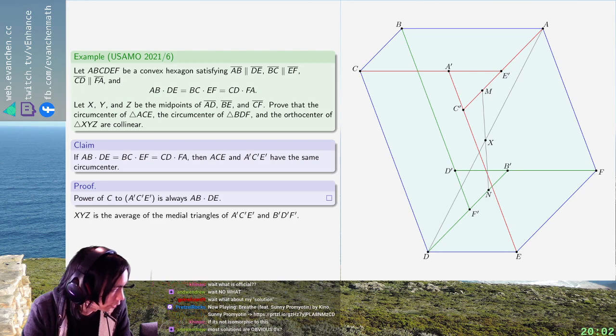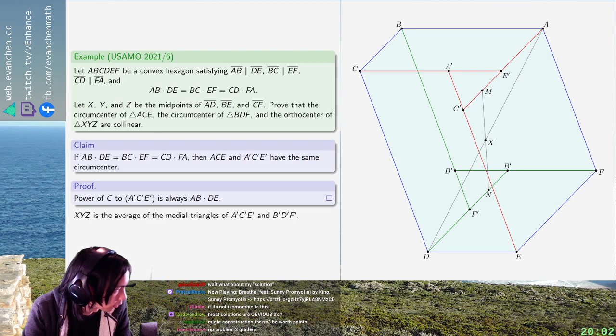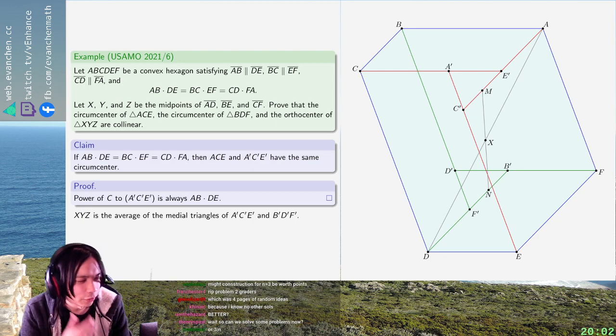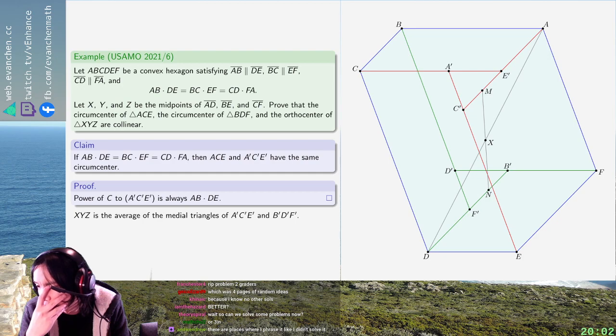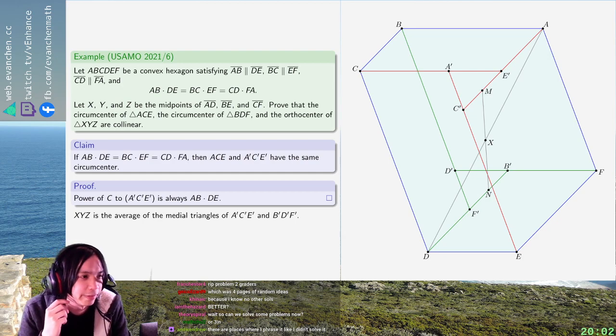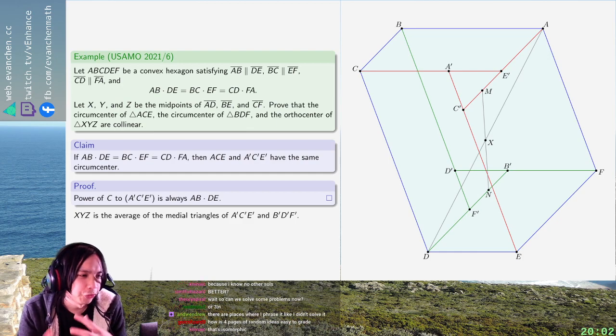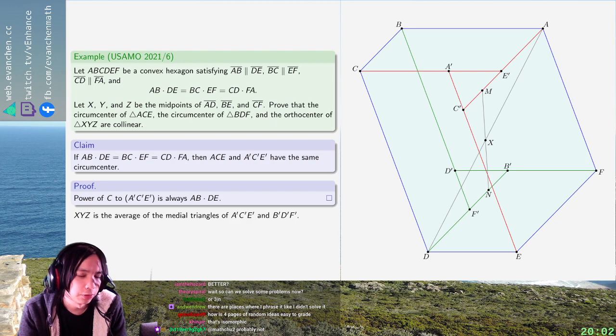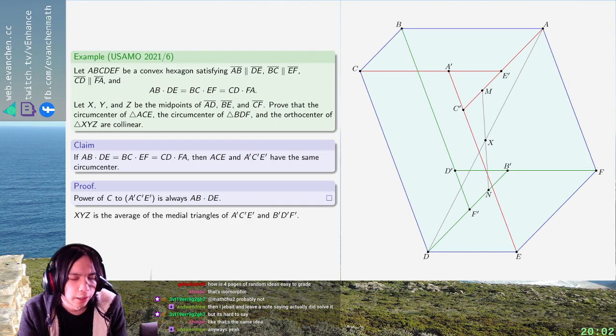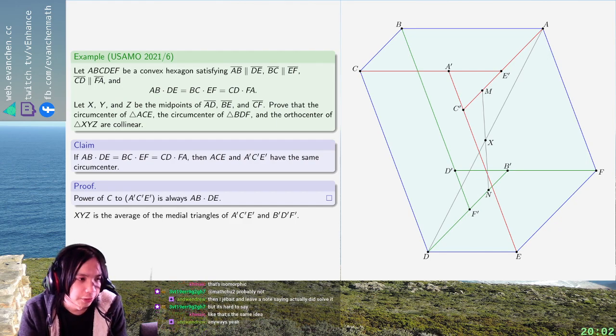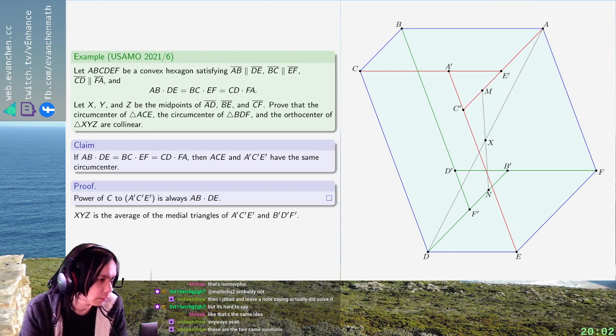The official solution is slightly longer. It goes along the lines of showing that the medial triangles of ACE and BDF are concyclic, or the 9-point circles of triangles ACE and BDF turn out to coincide, and also the circumcenter coincides with the circumcenter of XYZ.